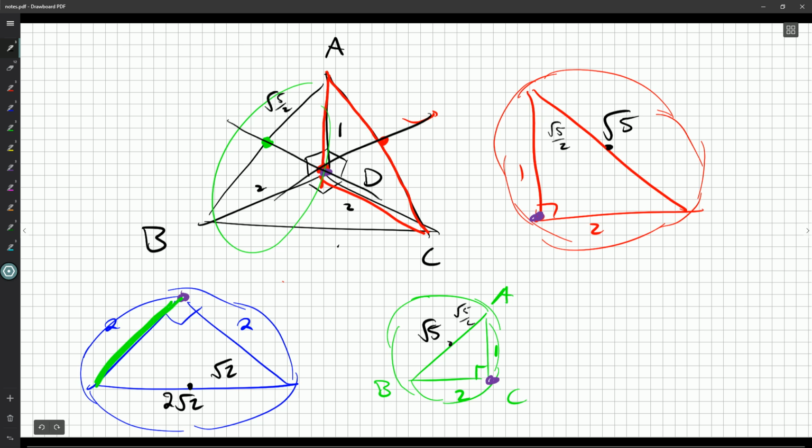Root 5 over 2 here, root 5 over 2 here with that circle. And they both meet at A. So I would say by symmetry, because it's the same circle, they should both be the same distance from the center.